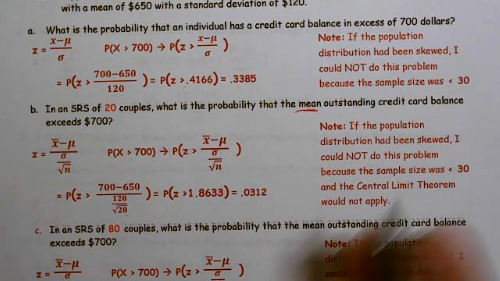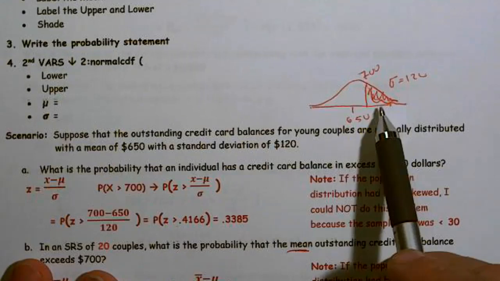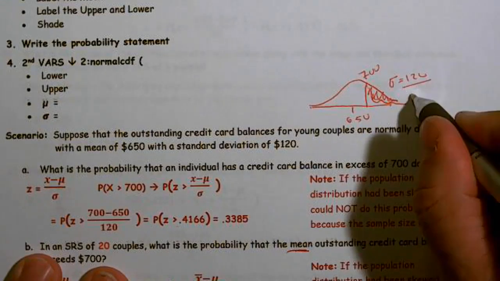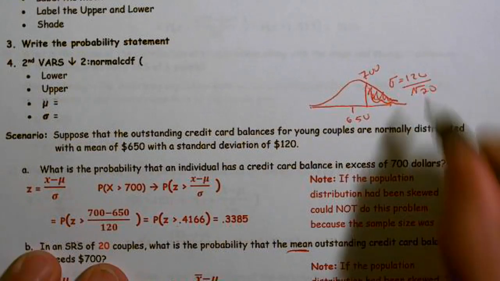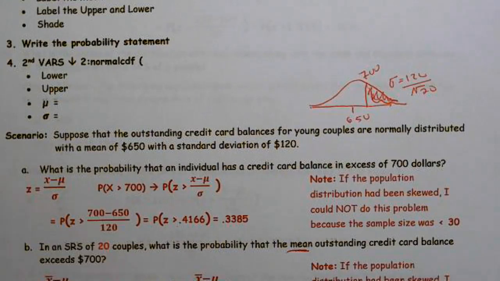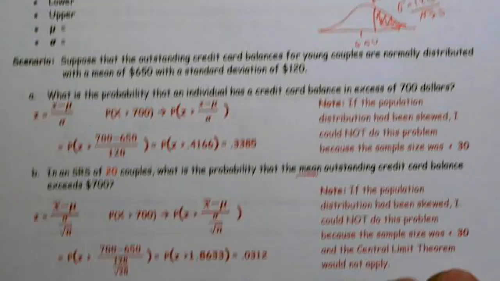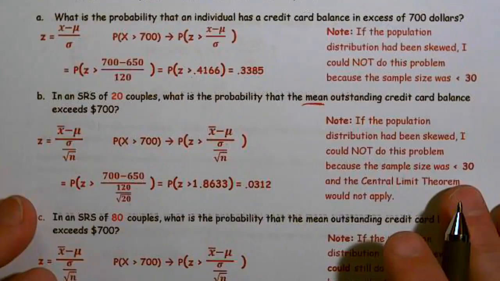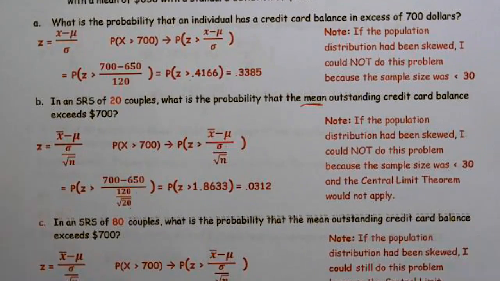Well, this is actually the same picture. The difference is the standard deviation is now divided by the square root of 20. So consequently, it's going to get a little bit taller than what we initially had. It's going to be less spread out, although the area will always be 1 regardless of the sample size.